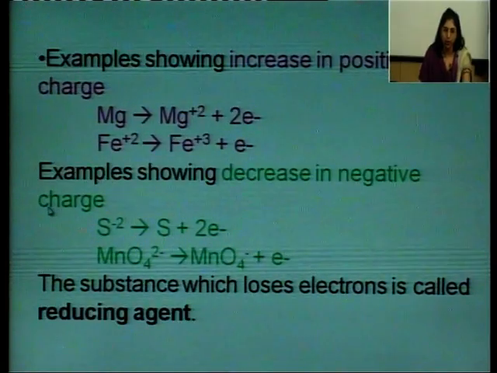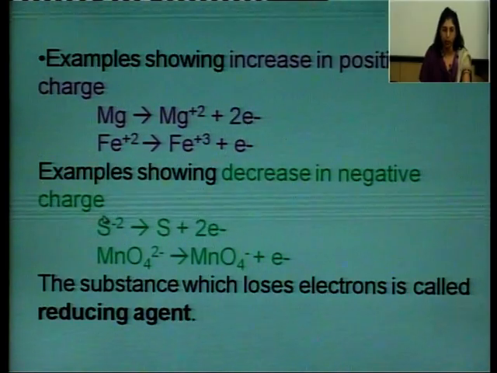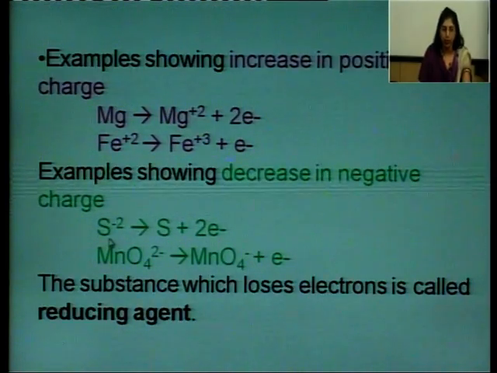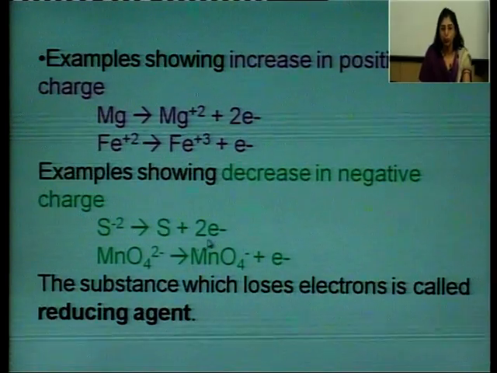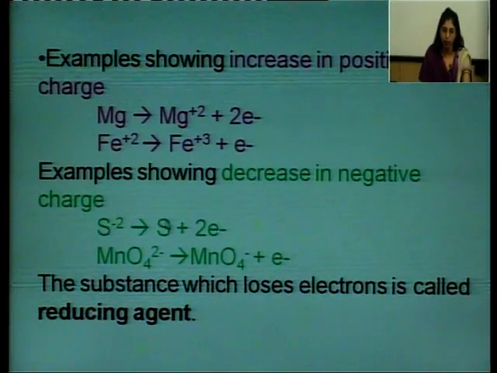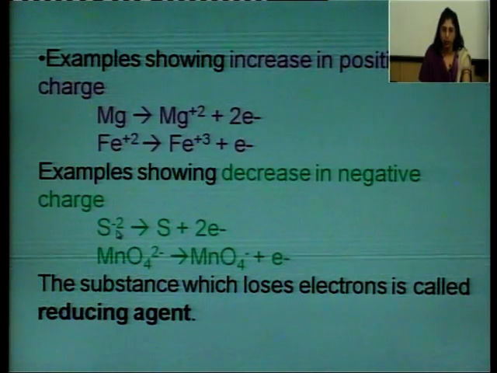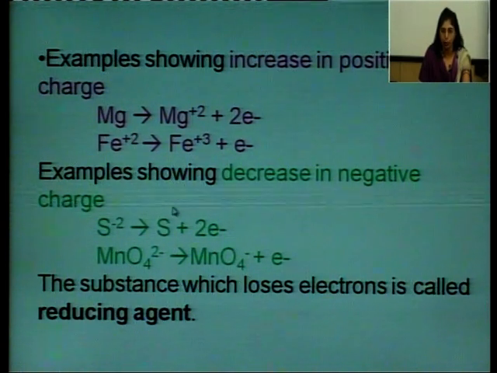Now, there are some examples which show decrease in negative charge. When sulphide, that is S2-, loses 2 electrons, it acquires 0 charge. That means, negative charge has decreased from -2 to 0.